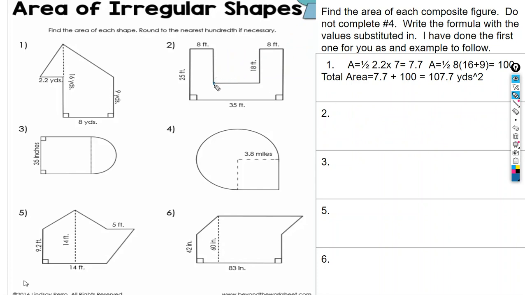If I did this method, I have 8 multiplied by 25, which gives me 200, and I have 200 here, and then I have 19 multiplied by 7, which gives me 133. Okay, and I would still come up with 533.